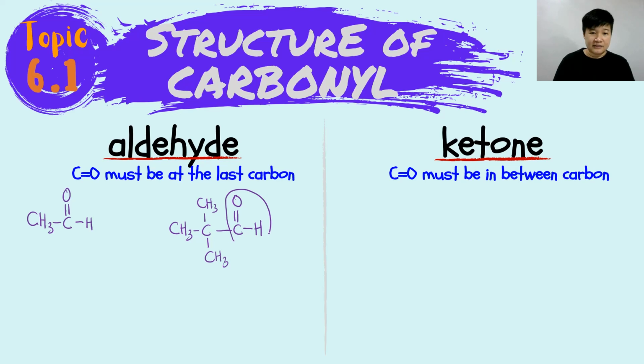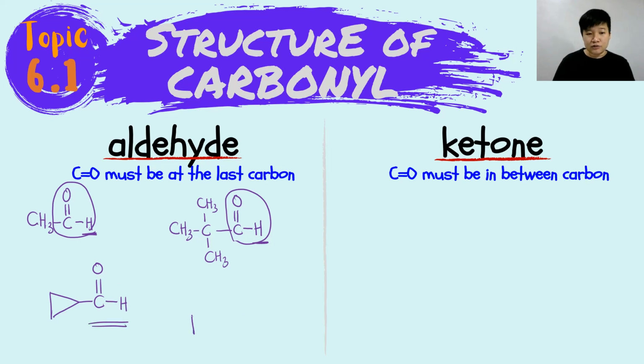And that is your aldehyde. The presence of your carbonyl group attached to at least 1 hydrogen. That is your aldehyde. Your aldehyde can also be when it's attached to a ring. So you can have your C double bond O attached to hydrogen. And that is still your aldehyde.